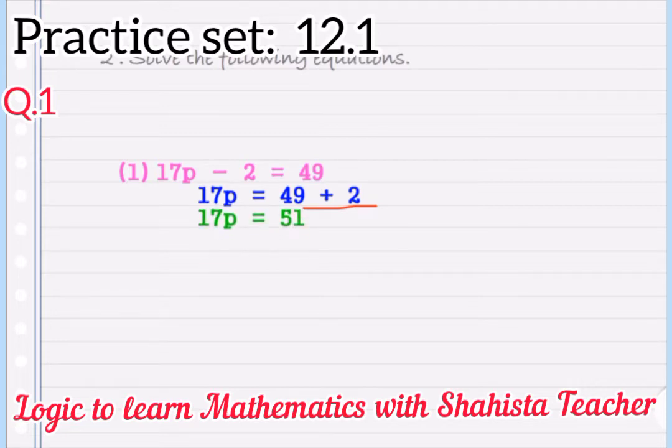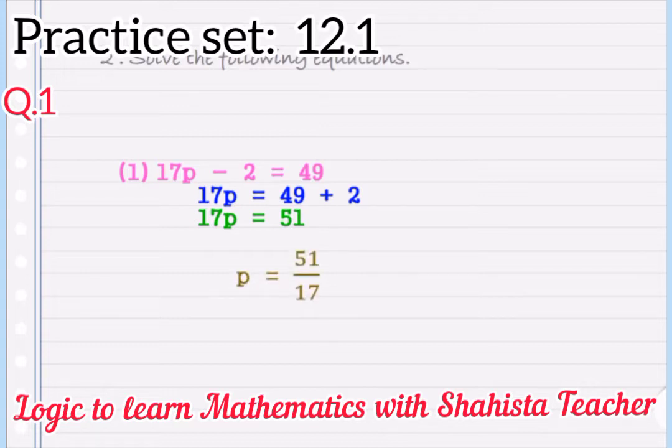Now for p, we will use division here. We have already learned this trick in indices. So 17p is equal to 51. Here 51 will become the numerator and 17 will become the denominator. So we will write here p is equal to 51 upon 17. 17p is the left hand side and the right hand side is 51. Both these terms get divided, so 17 becomes the denominator and 51 becomes the numerator.